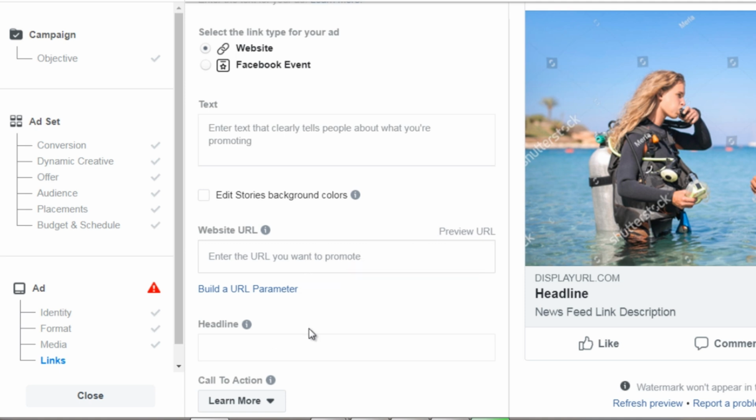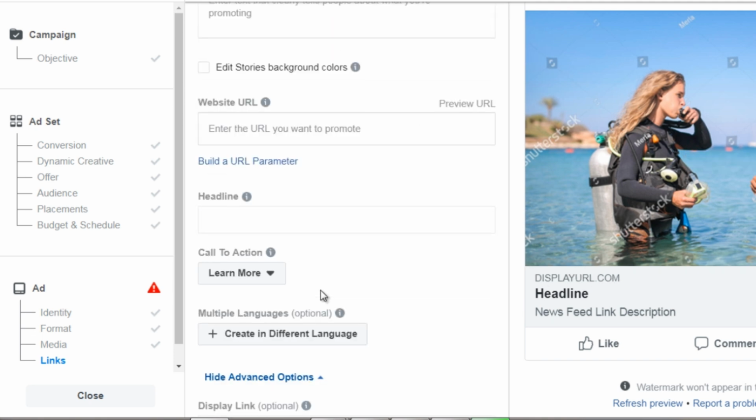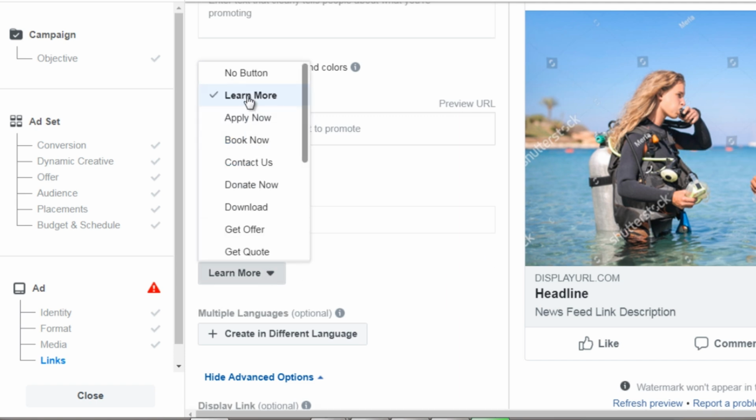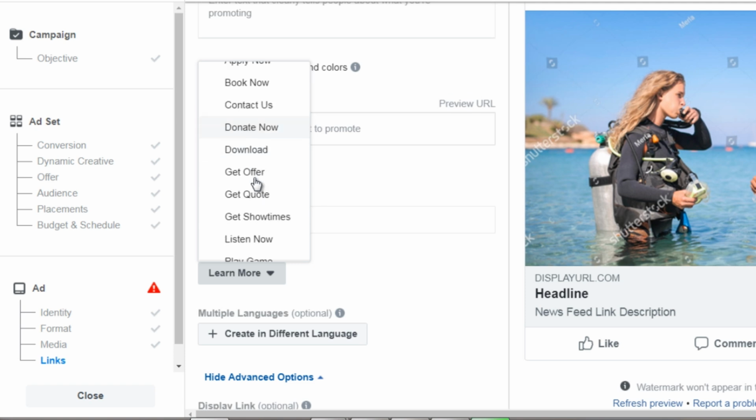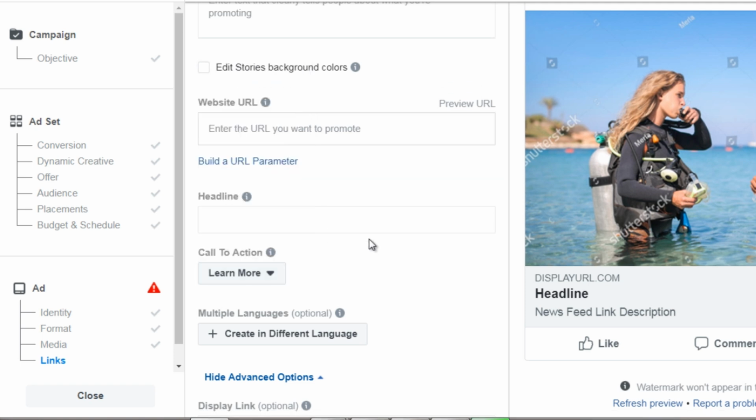And the headline is going to be right here. So if you enter the website URL, it will display the URL here. And then you have the headline, you have the call to action, which appears to the further right. Let's see if we can move that over, but it's going to be on the right-hand side. So the call to action can be learn more, apply now, book now, contact us. So it really depends on your offer, and you can go from there.